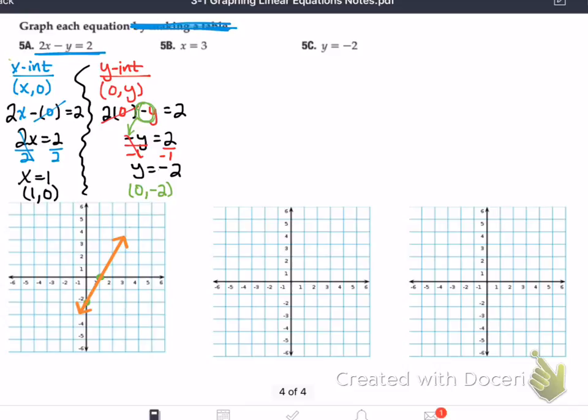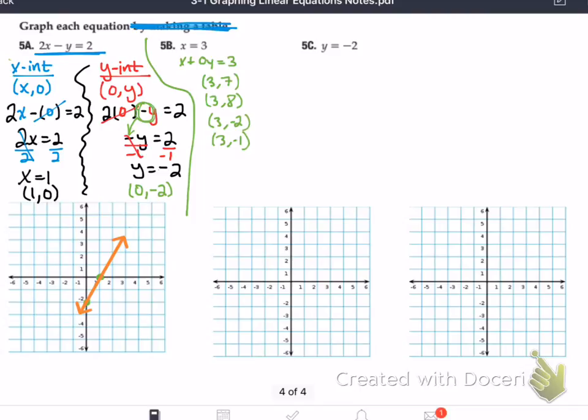What you'll notice is, for the next example, x is equal to 3, and there's no y. But if you have it in standard form, x plus 0y is equal to 3, that just means no matter what number you put in for y, you're always just going to get x equal to 3. So this is always going to be 3, comma something: 3, 7; 3, 8; 3, negative 2; 3, negative 1.